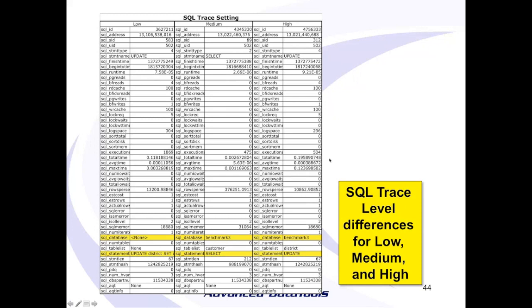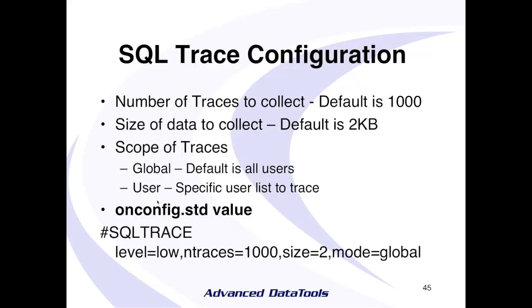Total time here. It tells you exactly how long it took. The average time, the max time. It tells you your estimated cost, the estimated number of rows. And I like this, the actual number of rows that were returned. So it gives you a good picture of what your query is doing.